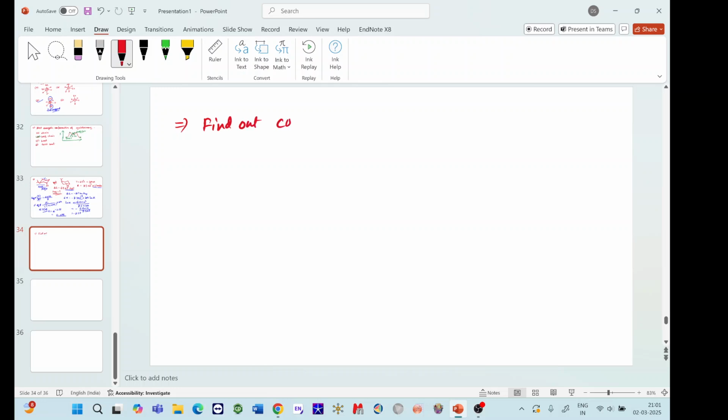And the correct dihedral angle for trans 1,2-dichlorocyclohexane.